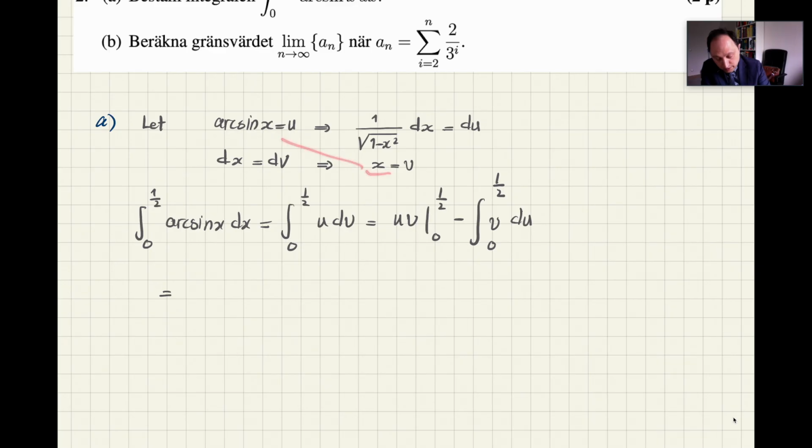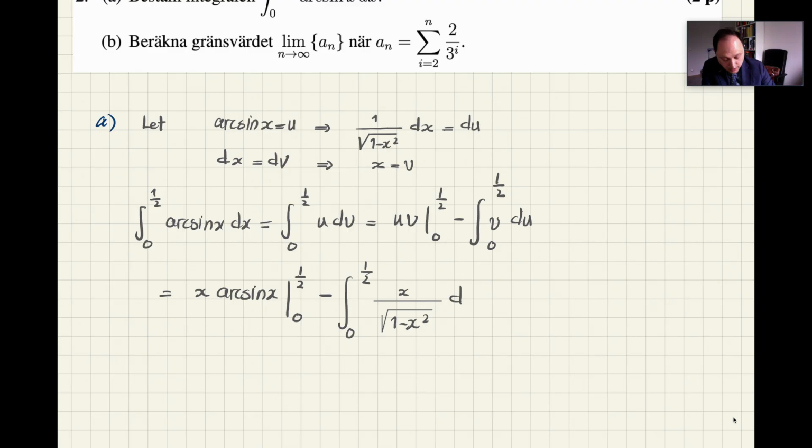If I multiply them, it becomes x arc sine x, calculated between 0 and 1/2, minus the integral from 0 to 1/2 of v, which is x, times du, the whole expression. It becomes the integral from 0 to 1/2 of x over the square root of 1 minus x squared dx.